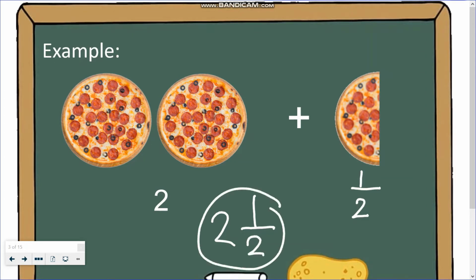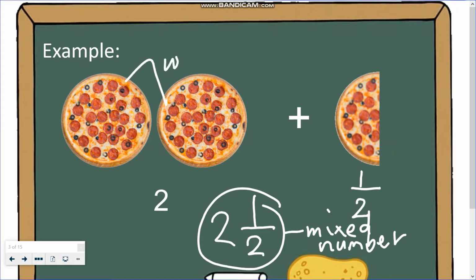This 2 and 1/2 is what we call a mixed number. Again, a mixed number is a combination of a whole number and a fraction. So this is the whole number and this is the fraction.